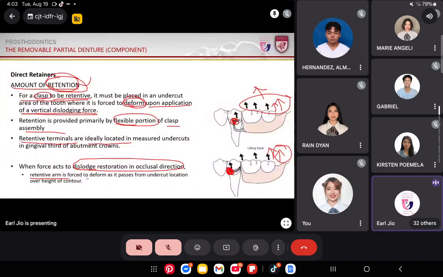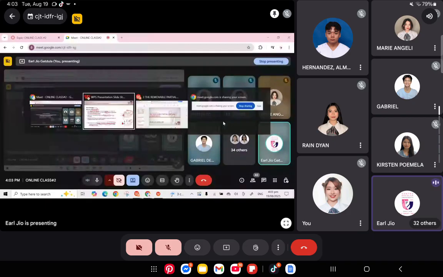So when force acts to dislodge the restoration in an occlusal direction, away from the soft tissue, the retentive arm is forced to deform as it passes from the undercut location over the height of contour. Let me repeat: when there is vertical dislodgement away from the soft tissue, toward the occlusal direction, the retentive clasp arm activates. Okay? Are you still there? Okay.